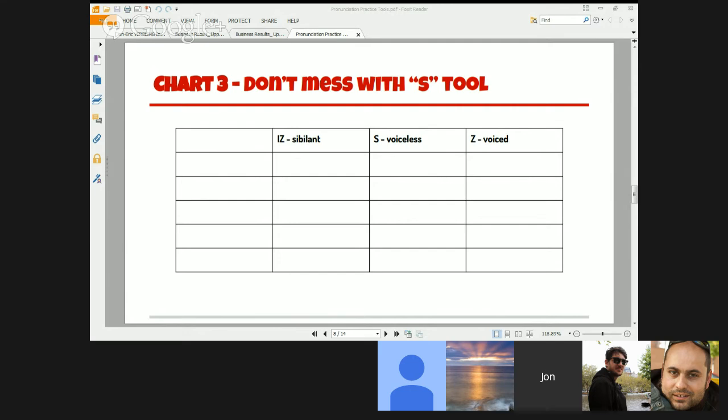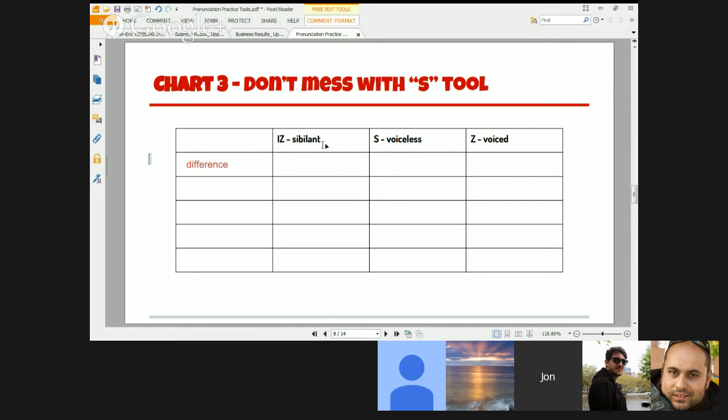How do I make the plural of difference? Is it iz, s, z? Which is it, Daniel? The plural of difference. Let's look at the word, the word that I corrected you on. The word is difference. There it is. Which column do I put it in?